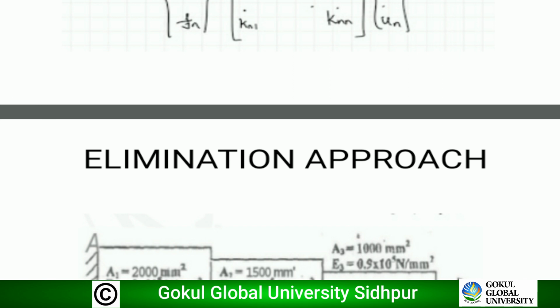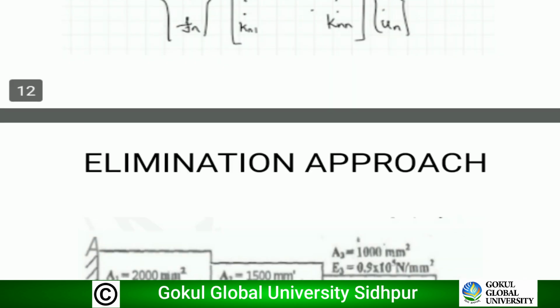If F4 is equal to 50 kilonewton, then the reaction force F1 is also minus 50 kilonewton. So the negative sign indicates minus 50 kilonewton, and these are the basic formulas of reaction forces.